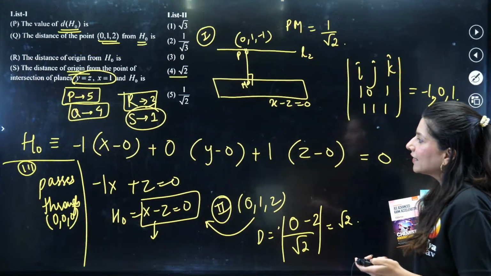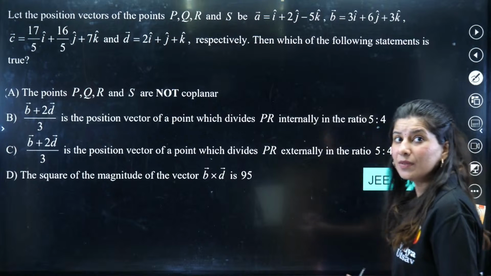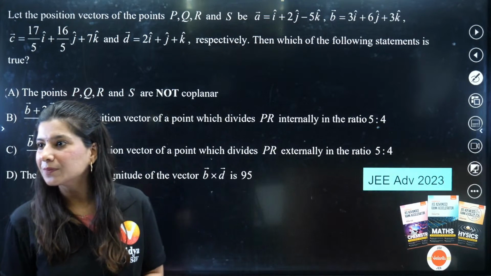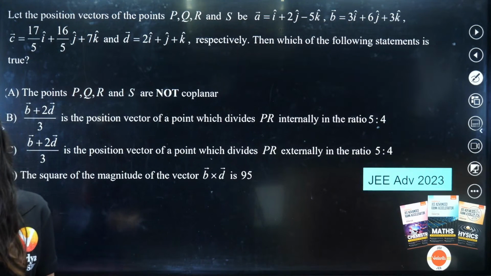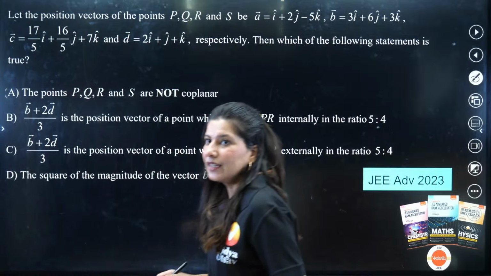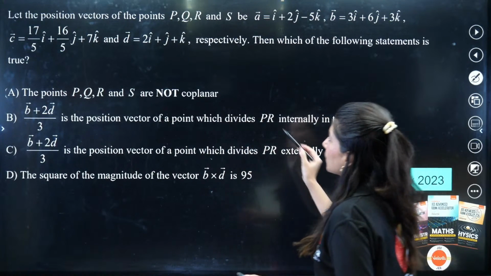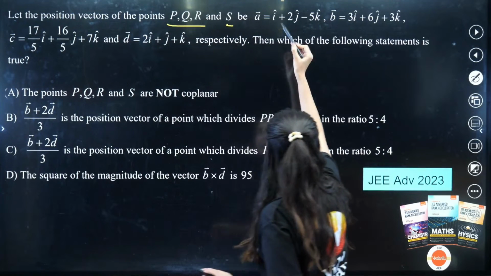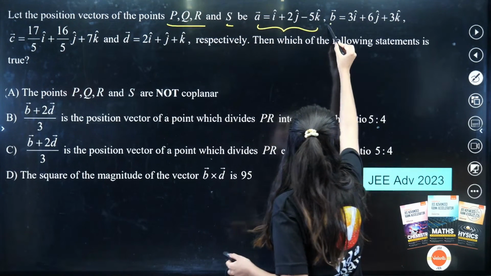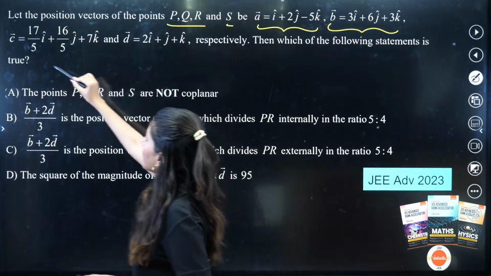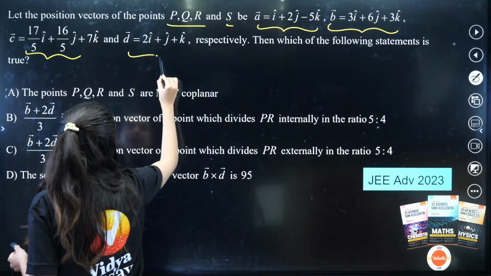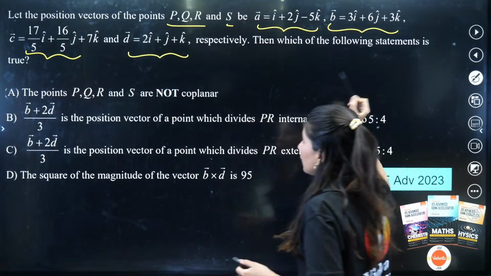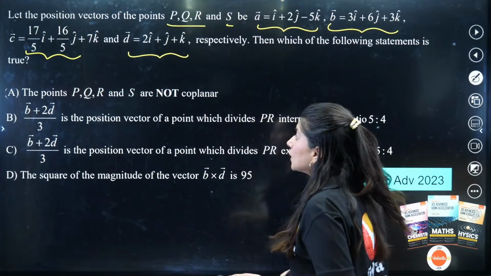Okay. So yes, now let us move on to the next problem, my dear students. The next problem says that the position vectors of points P, Q, R and S are given to you. Which of the following statements is true?